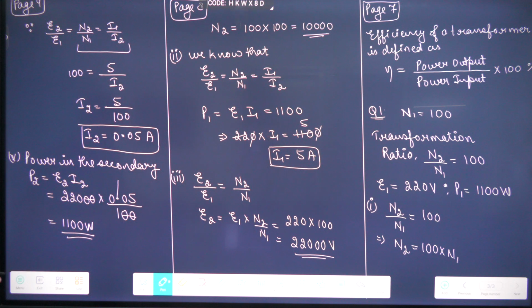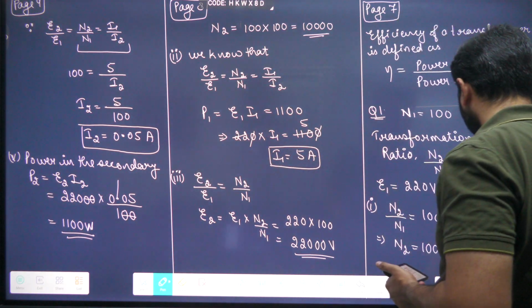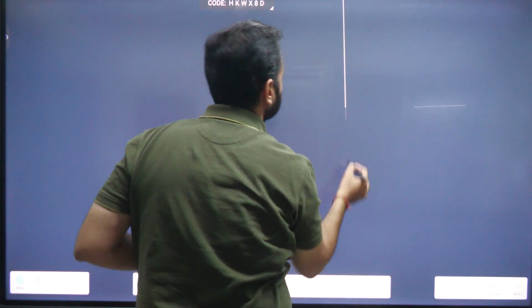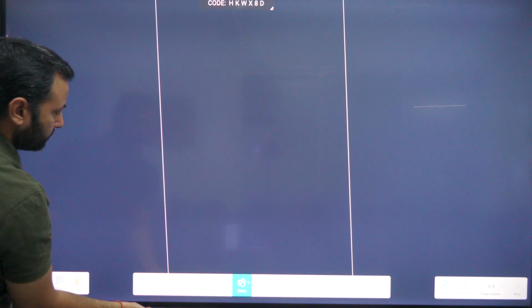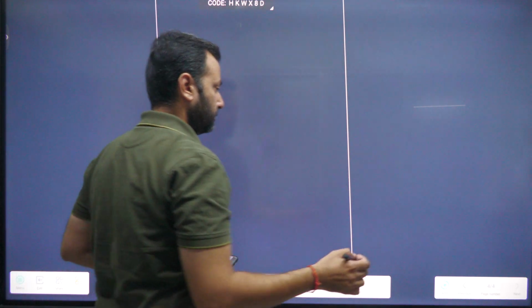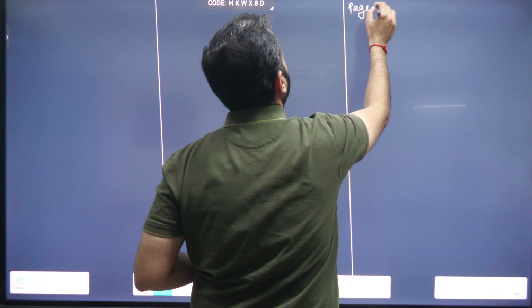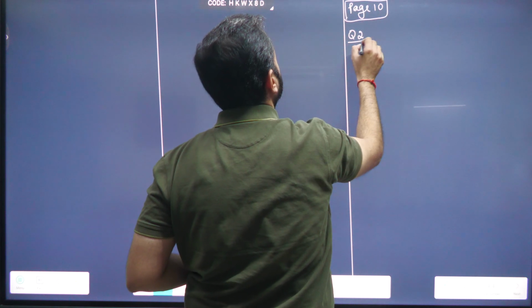All right, now just check question number 2. How much current is drawn by the primary of a transformer which steps down 220 volt to 22 volt, to operate a device with an impedance of 220 ohm?